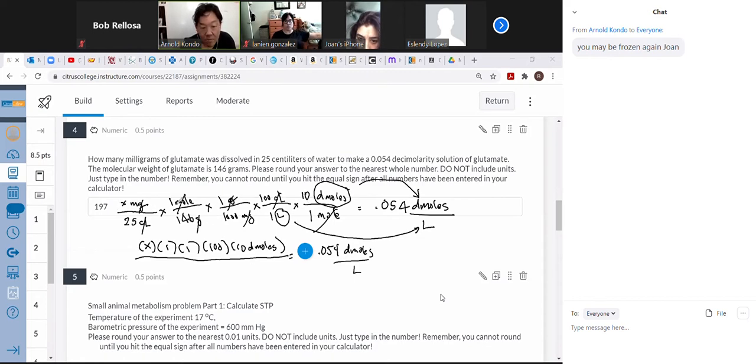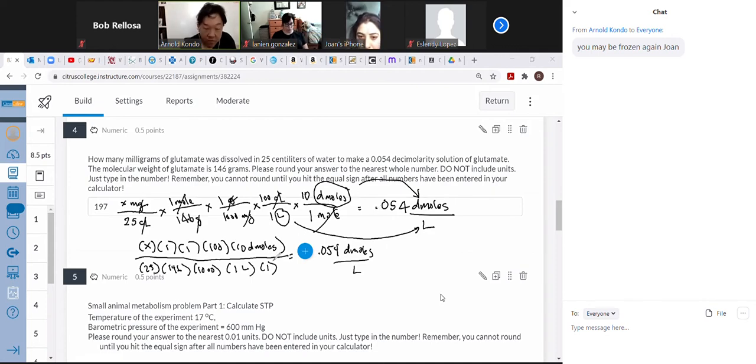So it's just X times 1 times 1 times 100 times 10 decimals, and then 25, 146, 1,000, 1 liter, and 1, right? So now we've just condensed this down. We've only included the units that have remained standing.